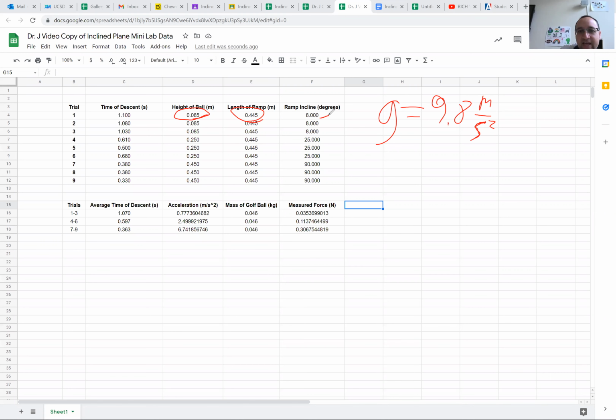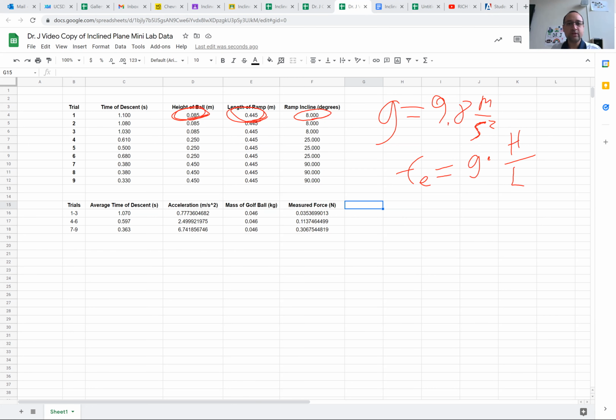That ends up being the sine of this angle. We may talk more about trigonometric functions like sine later on, but right now we're just going to multiply by this divided by this to get our expected force. So force expected equals g times the height divided by the length for any particular set of trials.